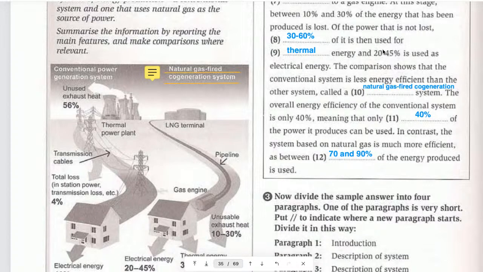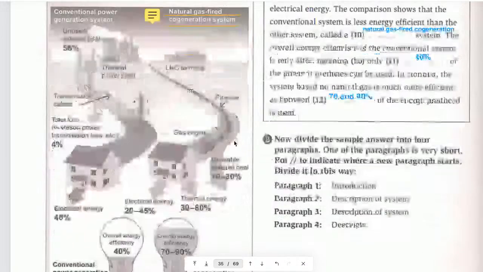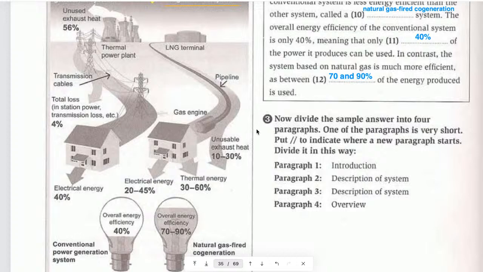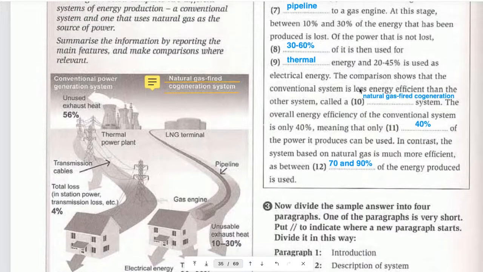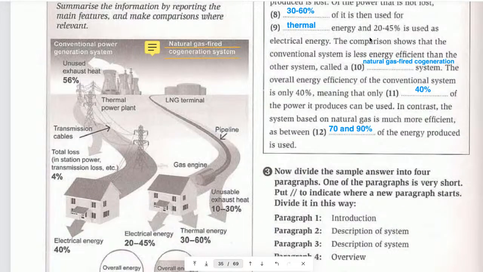Of the power that is not lost, 30 to 60% of it is then used for thermal energy, and 20 to 45% is used as electrical energy. So this one is a little bit different from the one before, because here they say that of the power that is not lost, 30 to 60% is used for thermal energy, and 20 to 45% is used as electrical energy.